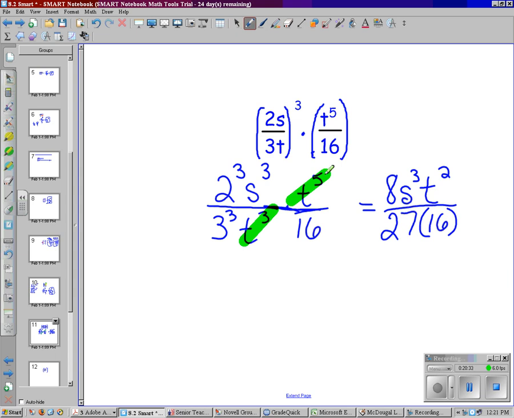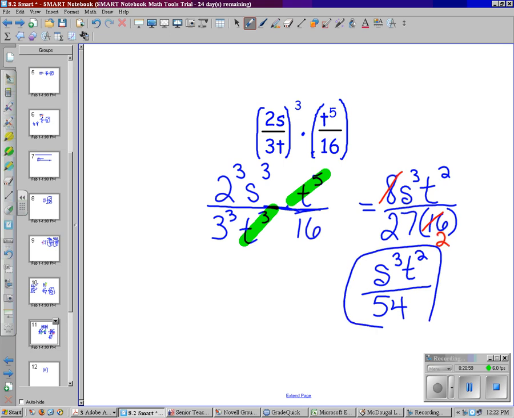How many times does 8 go into 16? 2. So that's just like canceling with fractions, ladies and gentlemen. So now I've got my s to the third on top, my t squared, all over 27 times 2. What's 27 times 2? Nathan? 54. And so this is our answer, evaluated.